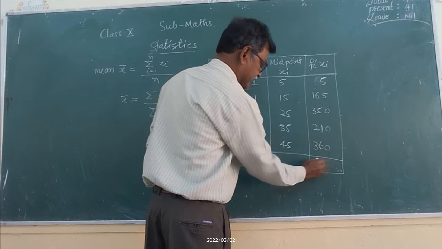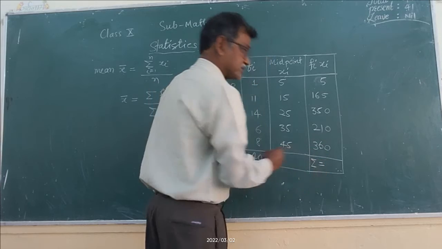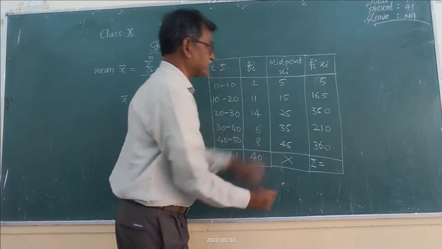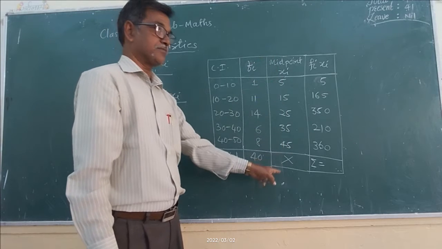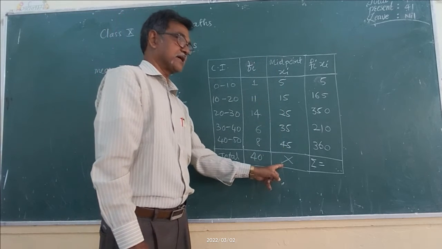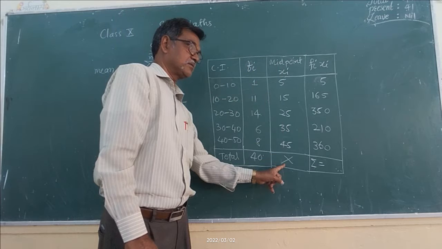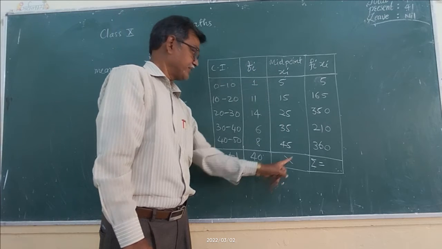We want the addition of this, the sigma of this. We don't want the addition of these midpoints. Many times you will get confused and write that here. No need. Okay, now add it.